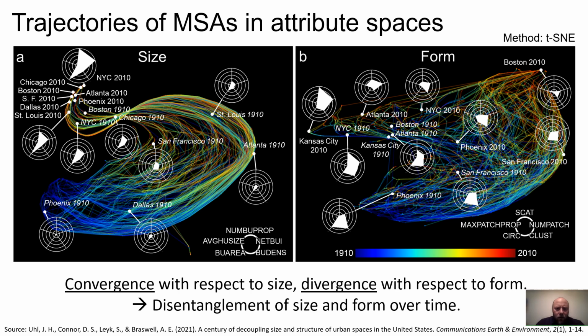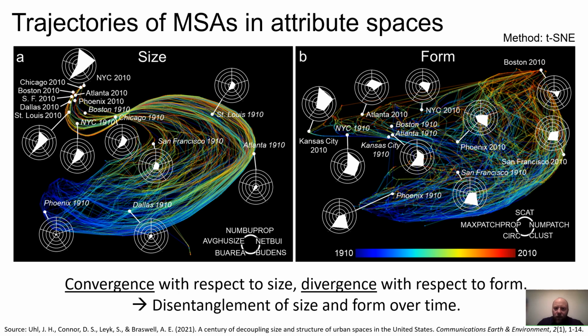Cities, with respect to size characteristics, move in this space from down here to up here. So they converge, they're getting closer to each other. Whereas if we look at form, we can see that cities evolve or travel through this two-dimensional space from down here to here, such as Boston, but other cities such as Kansas City move in this direction.